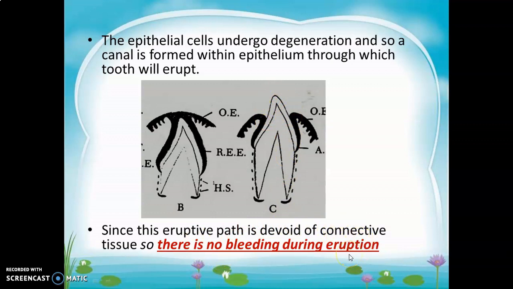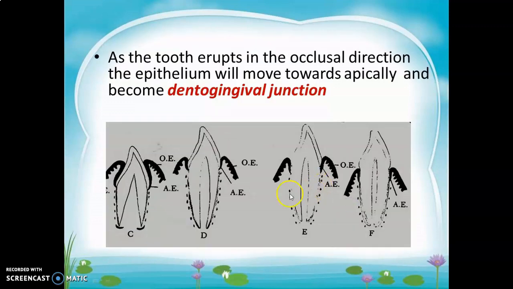I am sure you all have seen kids with an erupting tooth, but without any bleeding, even though this hard structure is piercing the oral mucosa, is it not? So as the tooth erupts, or as it moves occlusally, the epithelial attachment moves apically and forms the dentogingival junction, that is the junction between the gingiva and the tooth.